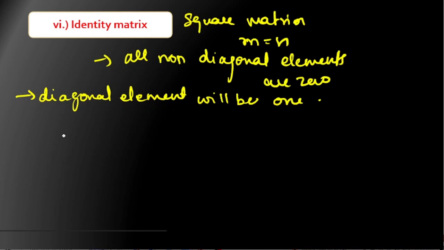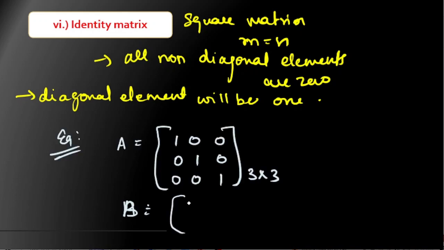Just look here. A is equal to 1 0 0, 0 1 0, 0 0 1. So always it will be like this only, for a 3 into 3 matrix. If it is a 2 into 2 matrix, then 1 0 0 1.